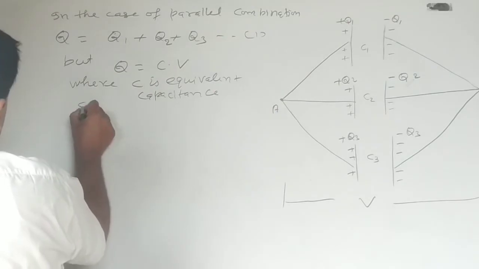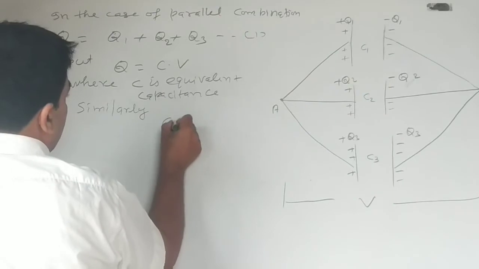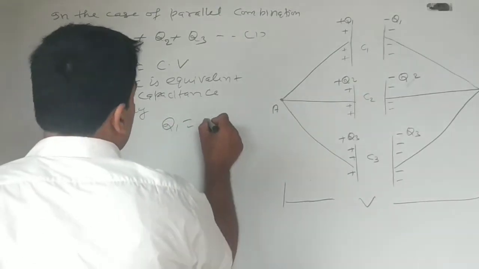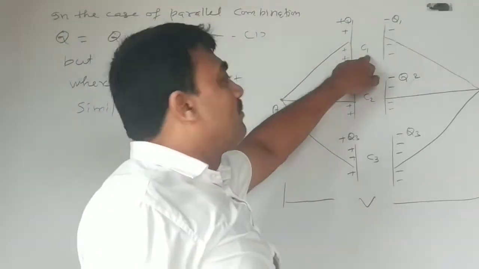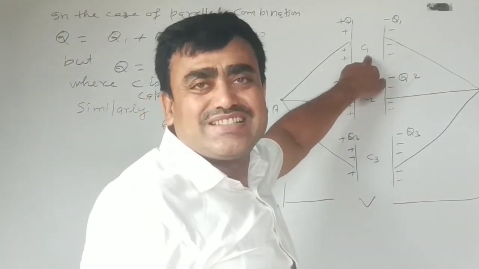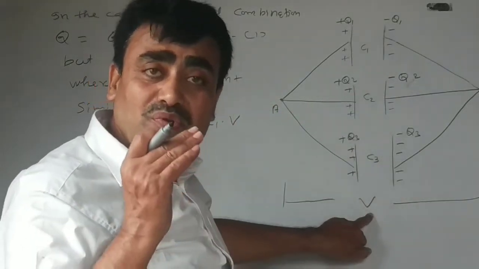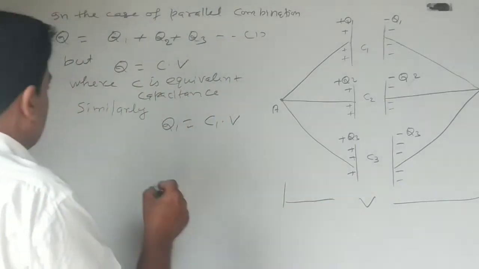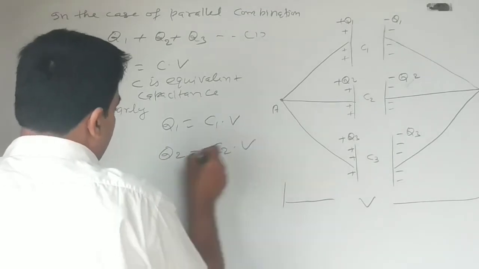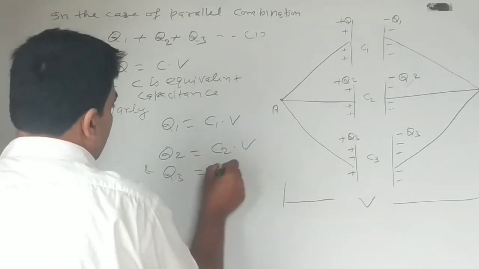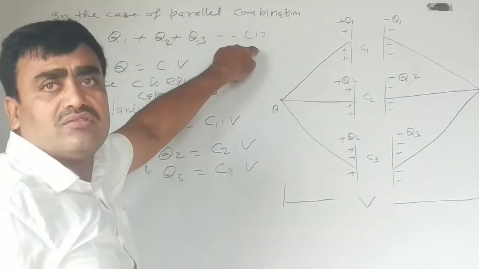Similarly, Q1 is equal to C1 into V, because the first capacitor has capacitance C1 and potential difference is the same for all three capacitors. Again, Q2 is equal to C2 into V and Q3 is equal to C3 into V. Putting the value in 1.